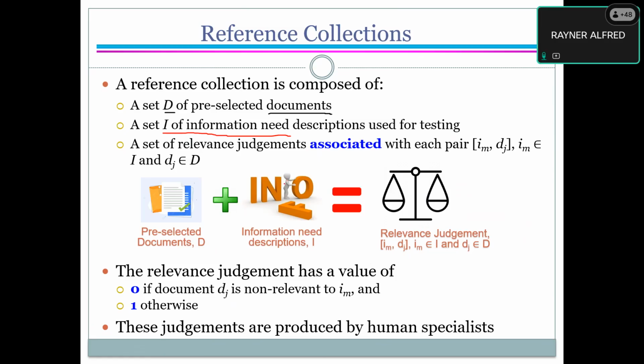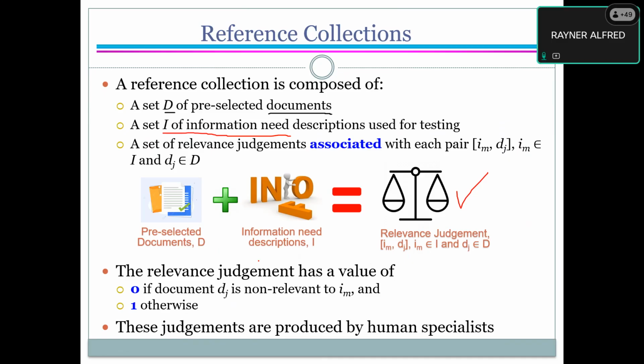And then you must have some way of judging, to associate the pre-selected documents with the information that you have. So this is based on your background knowledge, and then you will determine which document can be associated. So this is done by the expert.